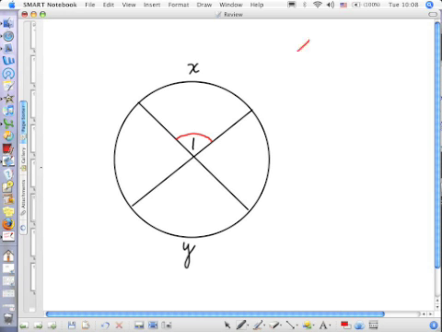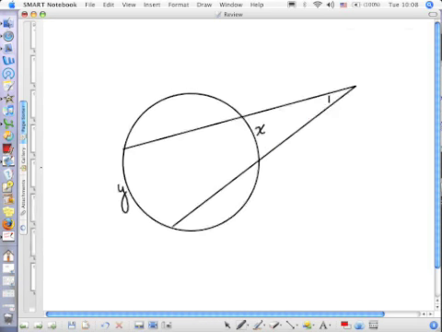Equals half x times y. If y'all recall, the angle is equal to the sum of the two arcs divided by 2. Now, you might be told the two arc measures. Okay, plug it in, find the angle. You might be told the angle and one arc. Okay, plug in what you know and find the missing piece. But this is your standard relationship.